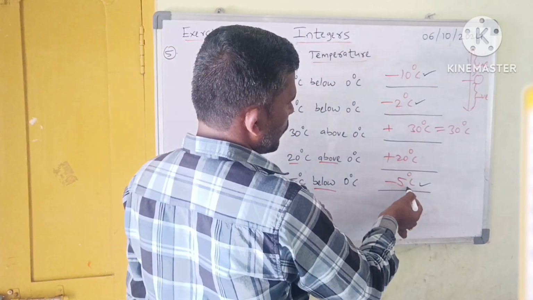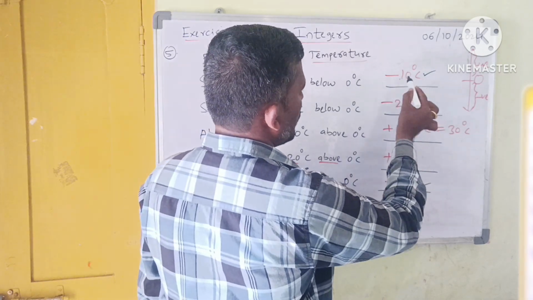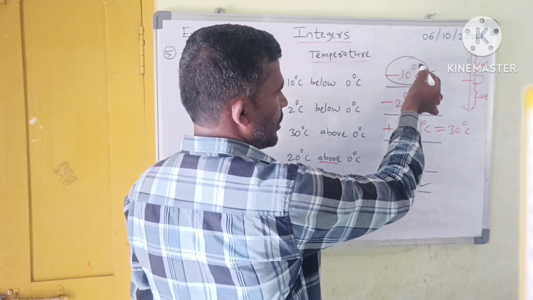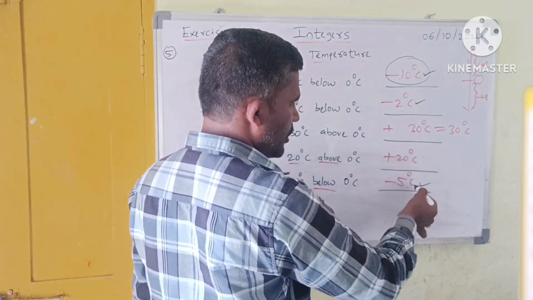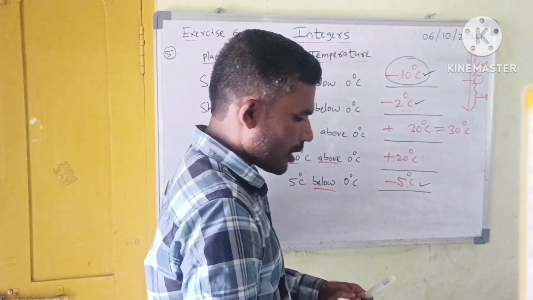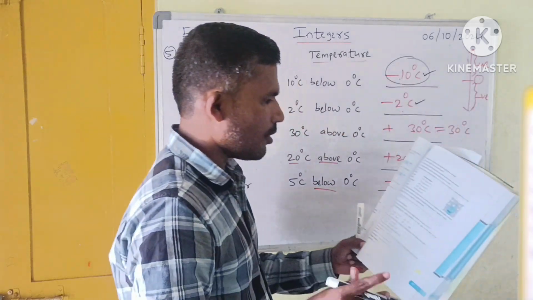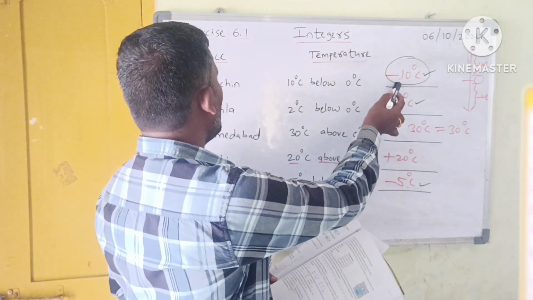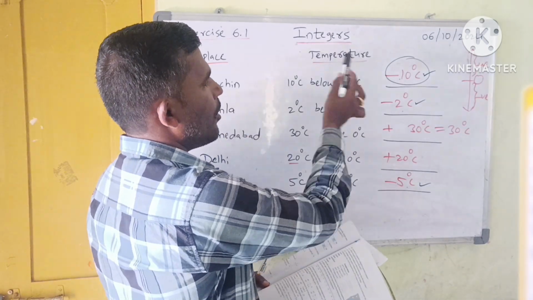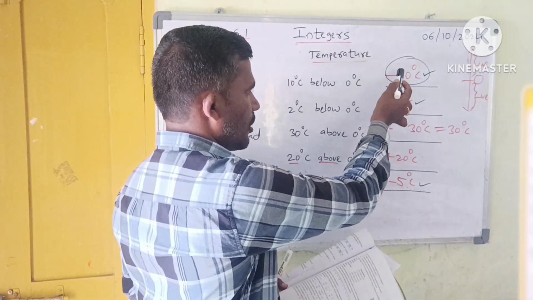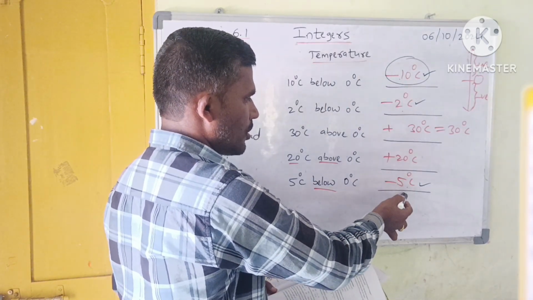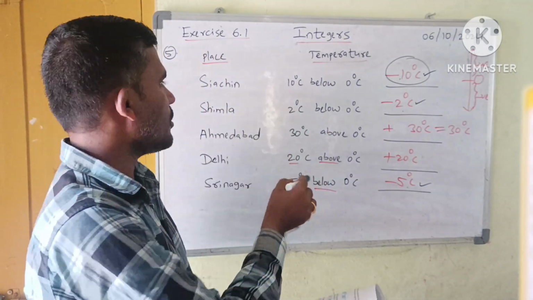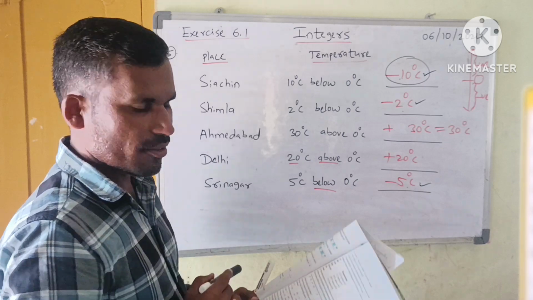In this, minus 10 is the least of all these numbers. So the coolest place is Siachen, because minus 10 is less than all these numbers.